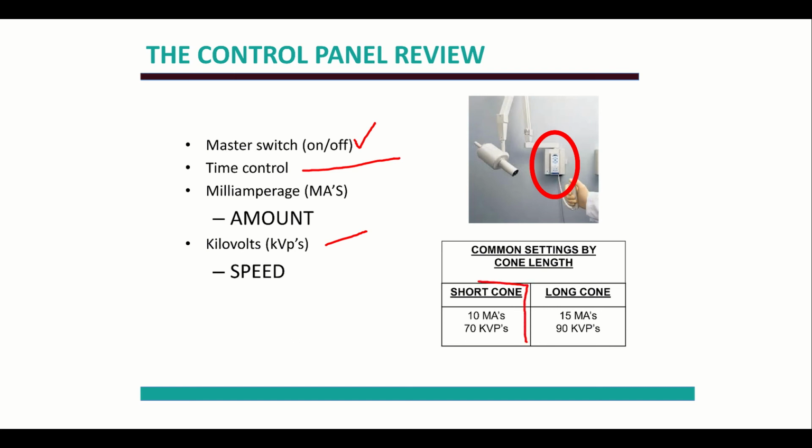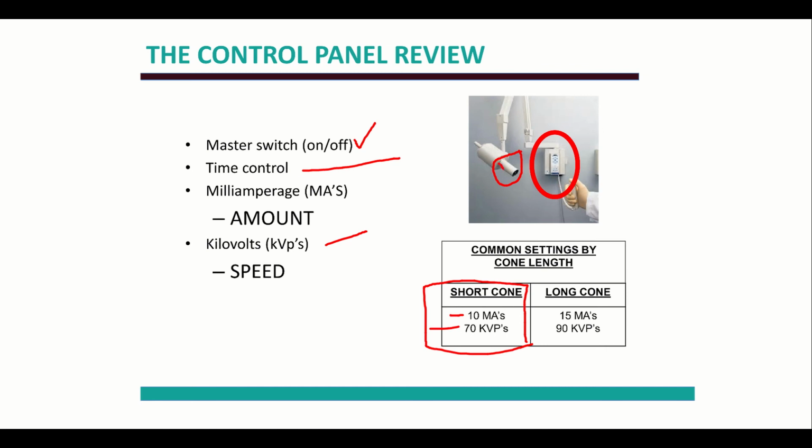So here are your typical settings. If you have a short cone, so your PID or your cone is considered short, that's 6 to 8 inches or so, these are the normal settings: 10 mA and 70 kVp.